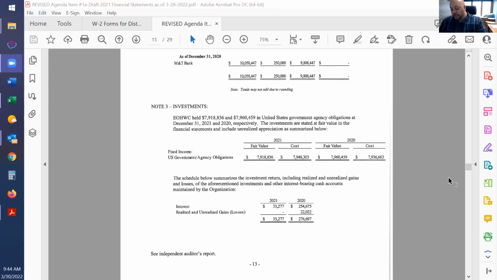So those two totals there, the 277 and the 276. If you were to flip back to pages 5 and 6, you would see those reflected as net investment return. That's the actual return that you had on the interest and on the realized gain or loss from sales, summarized to be reported in the statement of activities.